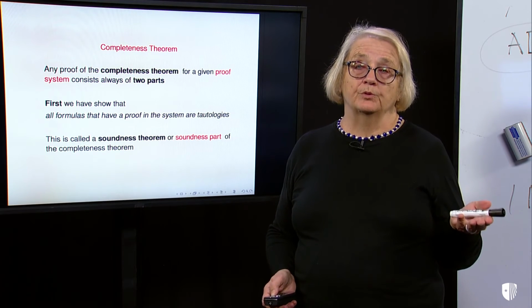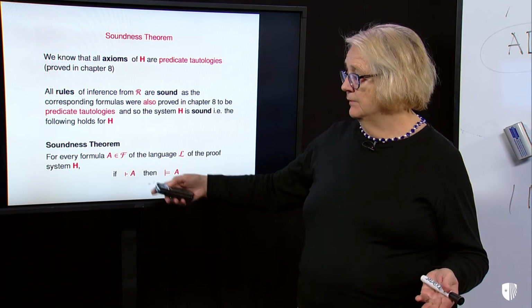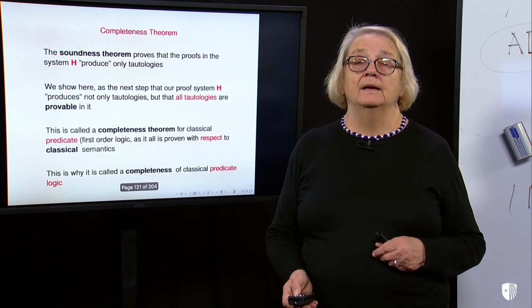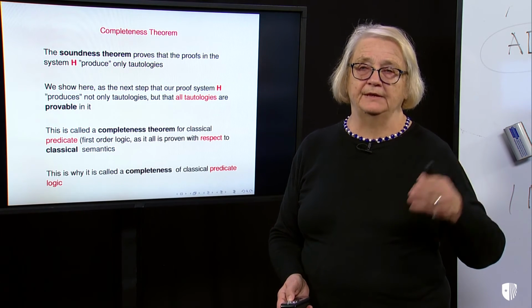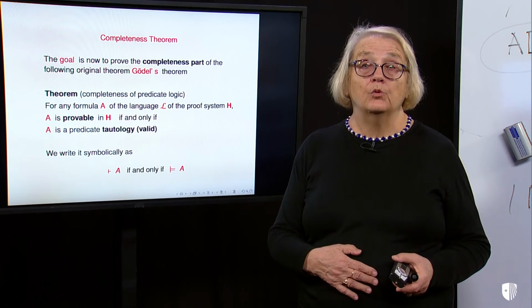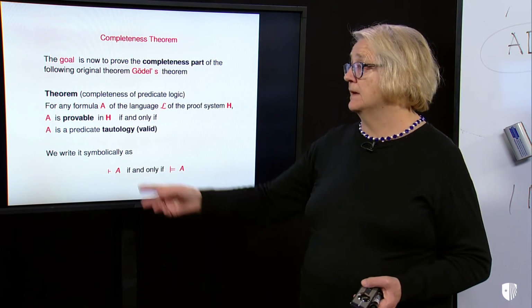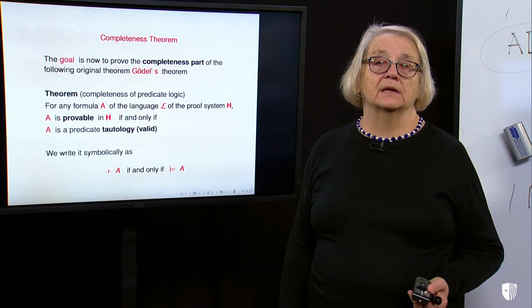And now you have to prove the soundness theorem and the completeness theorem. We write soundness as normal, and the soundness proof is pretty easy as usual. Now our goal is to prove the completeness theorem: A is provable in our system H if and only if A is a predicate tautology.